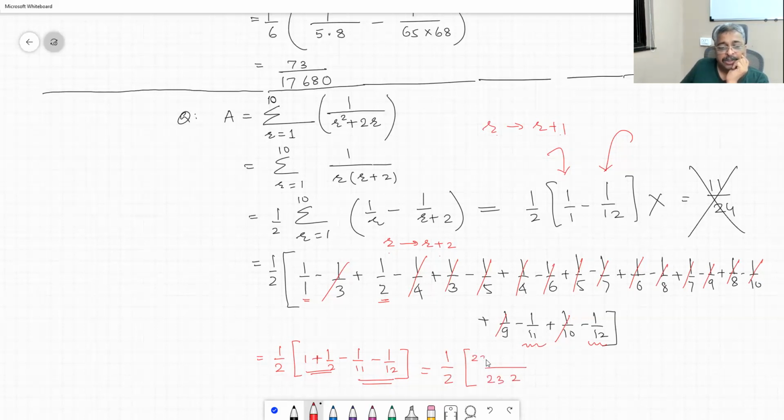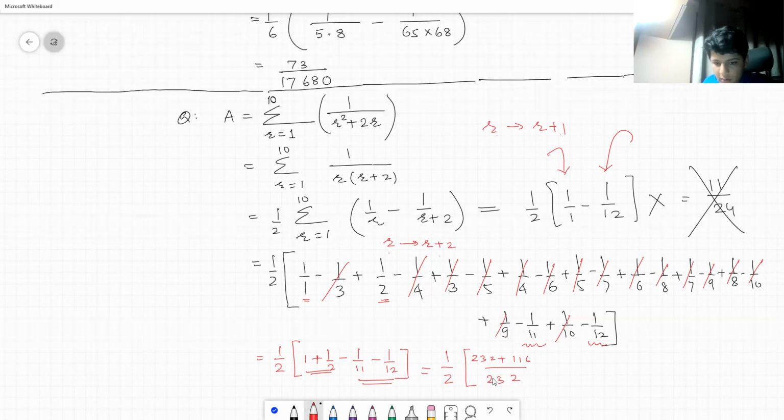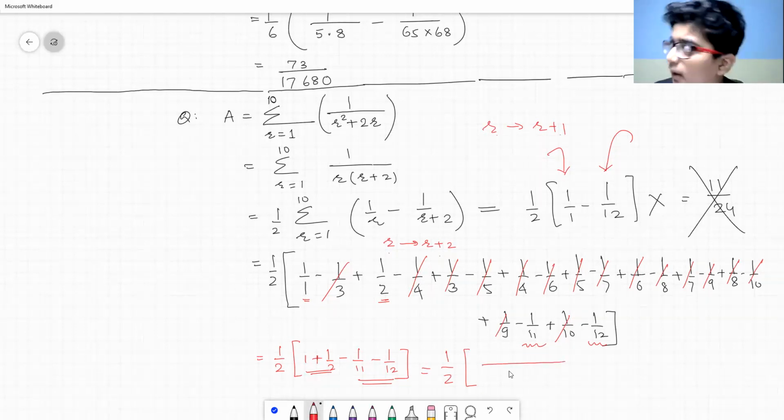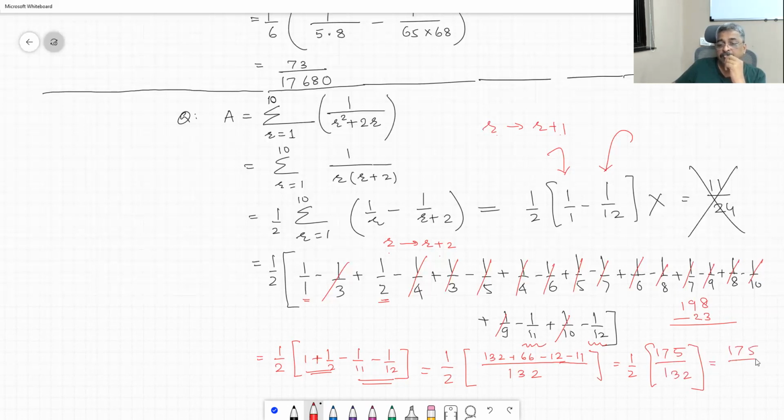And in the numerator, you have 132 plus 66 minus 12 minus 11, is equal to 1/2 inside bracket 175 upon 132, which is equal to 175 upon 264.